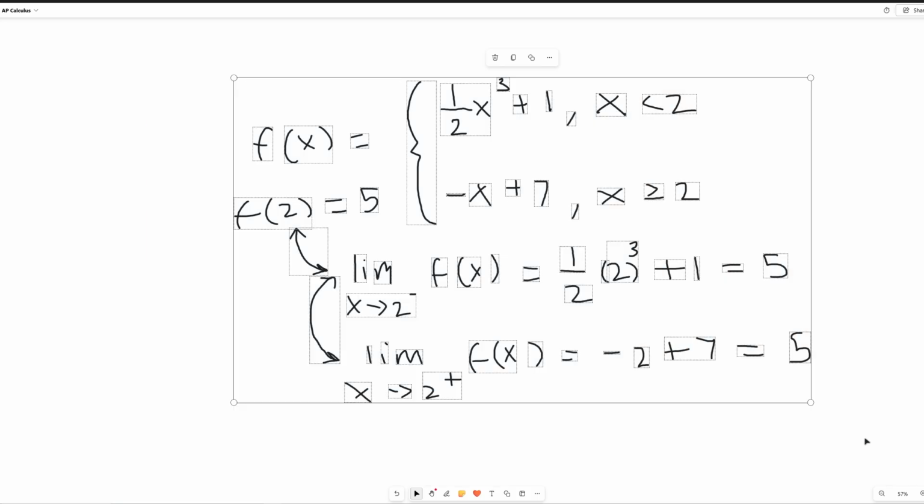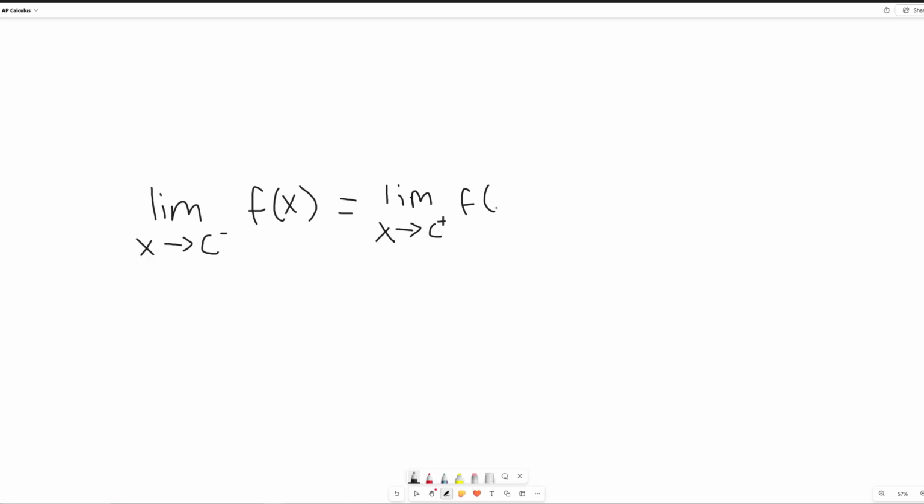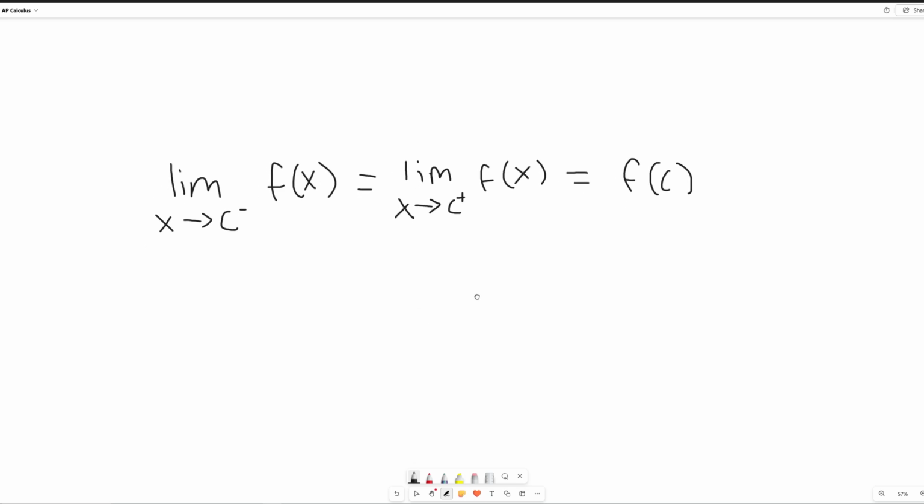So that is the important rule. The limit must exist at the point. That means from the left it equals, from the right it equals, but with the added condition that f of c must also be equal to the limit.